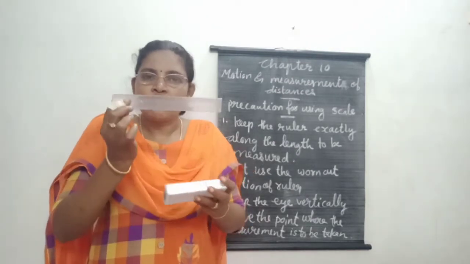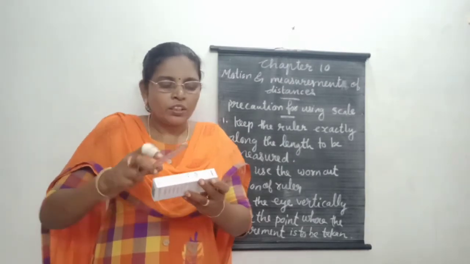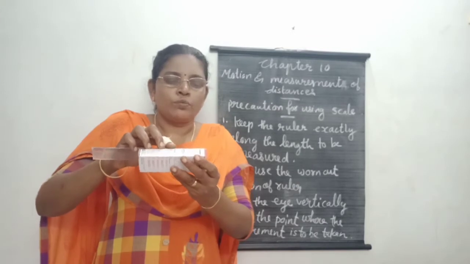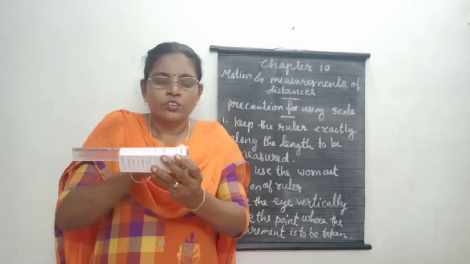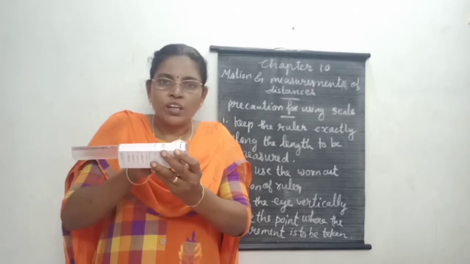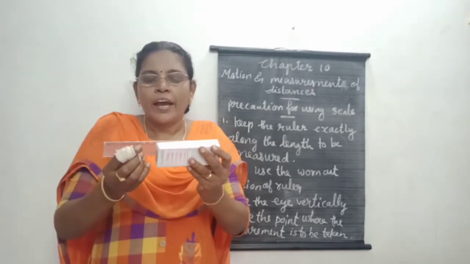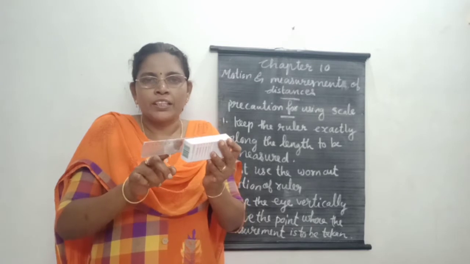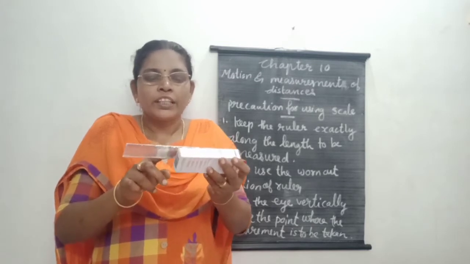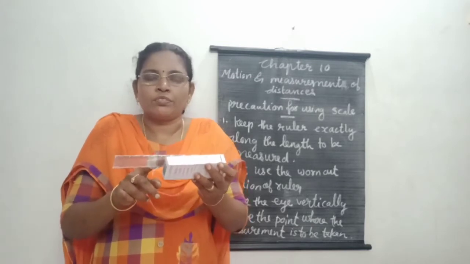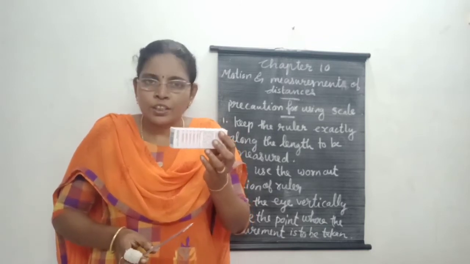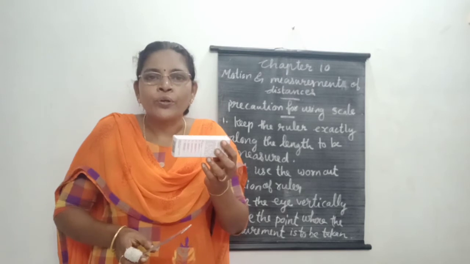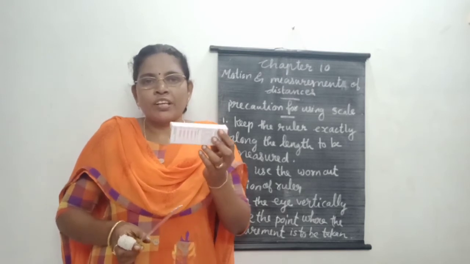Here I take 1. Mark 1 to the end of this object. Here no 0 mark. Okay. So I put the mark 1 to the end of the object and see the final division. It is 13.5. So what is the actual length of this object? 13.5 centimeter? No, it is 12.5 centimeters.